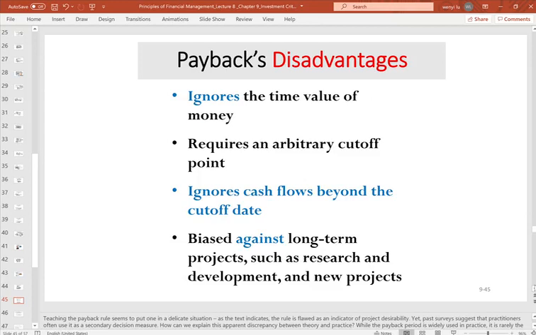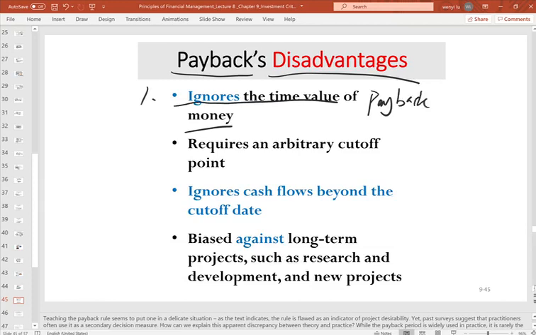However, the payback period also has some very severe drawbacks. First, the payback period ignores the time value of money. You can see that when we solve a payback period, we just add the cash flows directly to the initial cost incrementally. We don't take any discounted value.